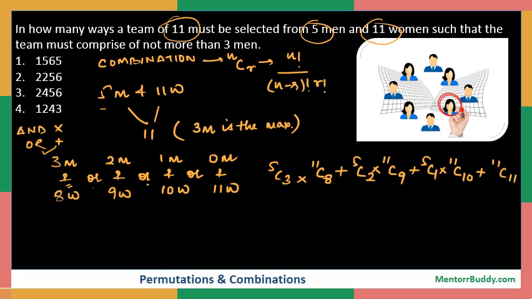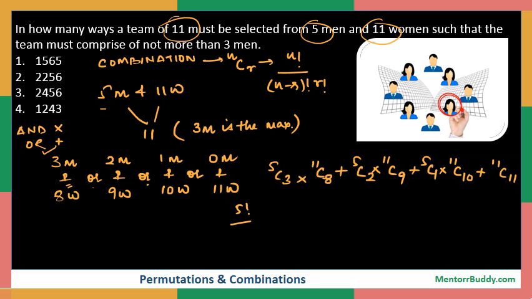So this is the equation while we are forming a committee having not more than 3 men using 5 men and 11 women.